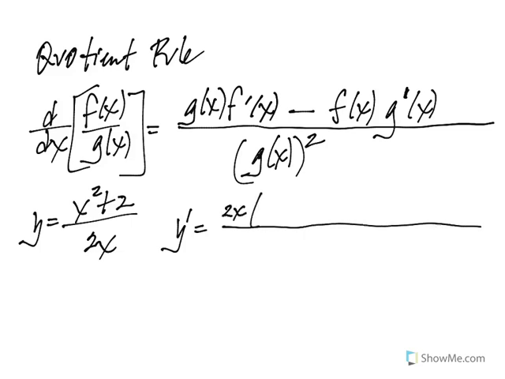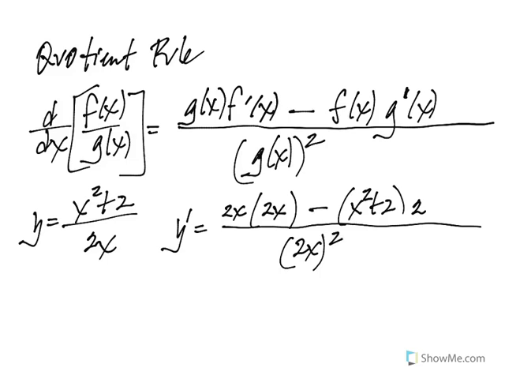That's 2x times the derivative of the numerator. That's going to be 2x to the 0 plus 0, minus then the high, which is x squared plus 2. Remember, you want to put that in parentheses because it's a quantity, times the derivative of the bottom, which is just going to be 2x to the 0. And that will be all over 2x squared.